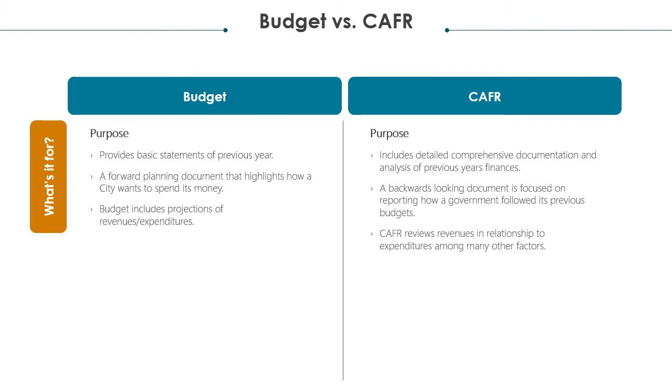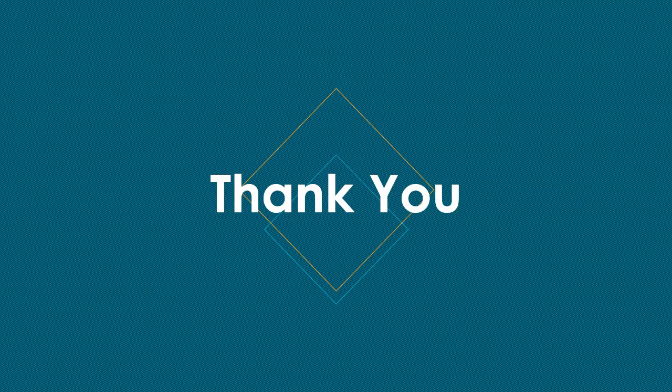While the CAFR doesn't really include those, it's more meant to be a review and an analysis of the relationship of revenues and expenditures. And the budget is meant to highlight projects and several department plans, while the CAFR is a little bit more comprehensive in its approach and is meant to take a look at just the financial actions that the city took as a whole.